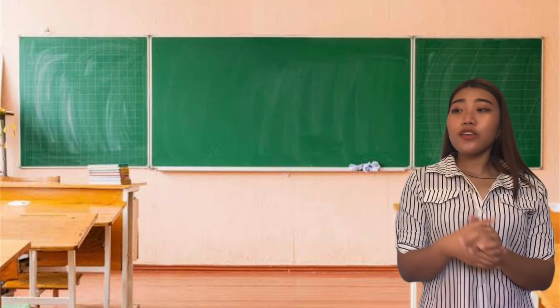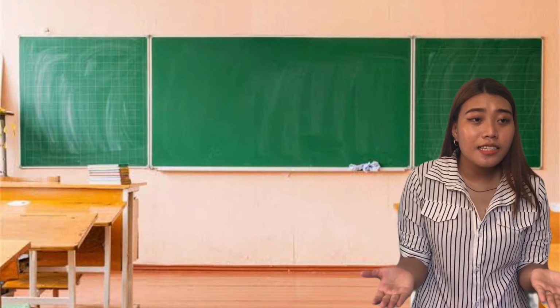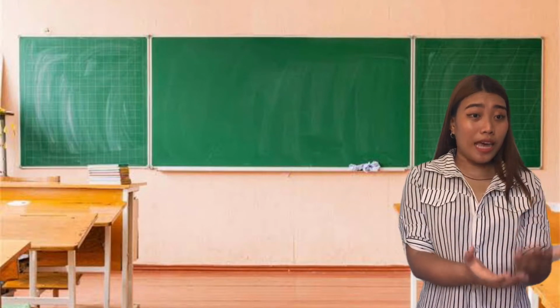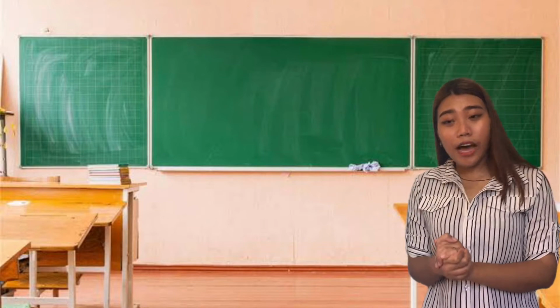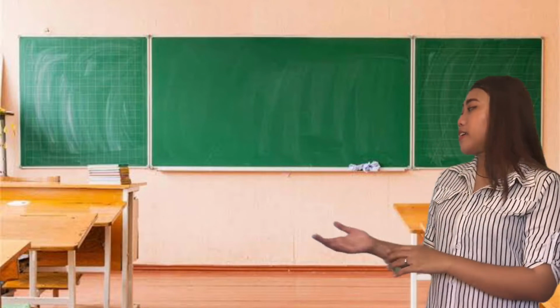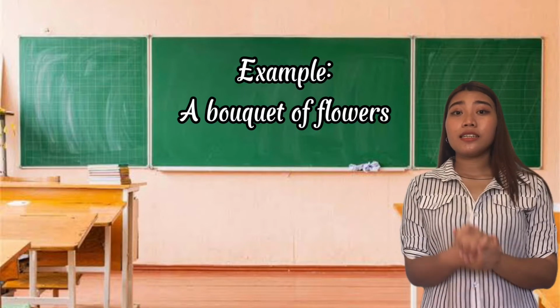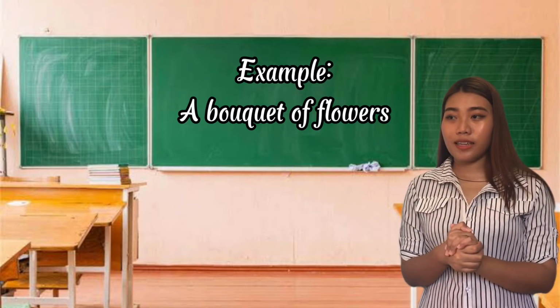Okay, so can you give me another example, class? Okay, a bouquet of flowers. That's right. A bouquet of flowers is another example of a group of objects.